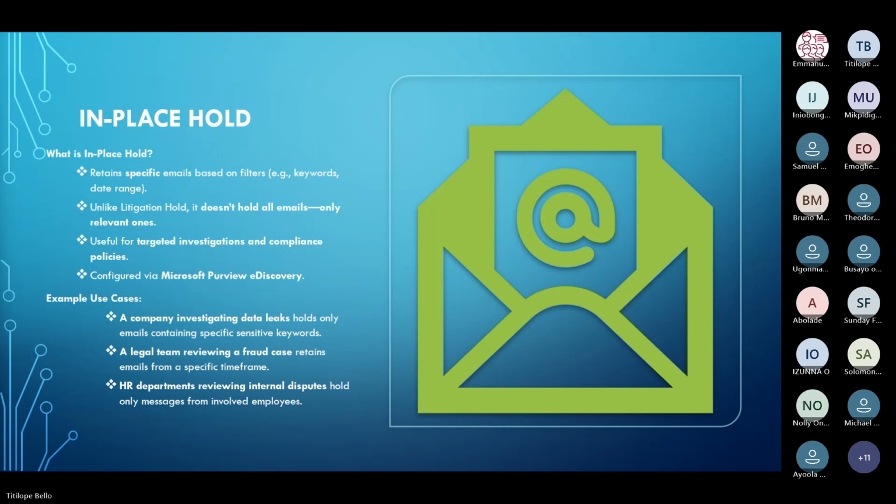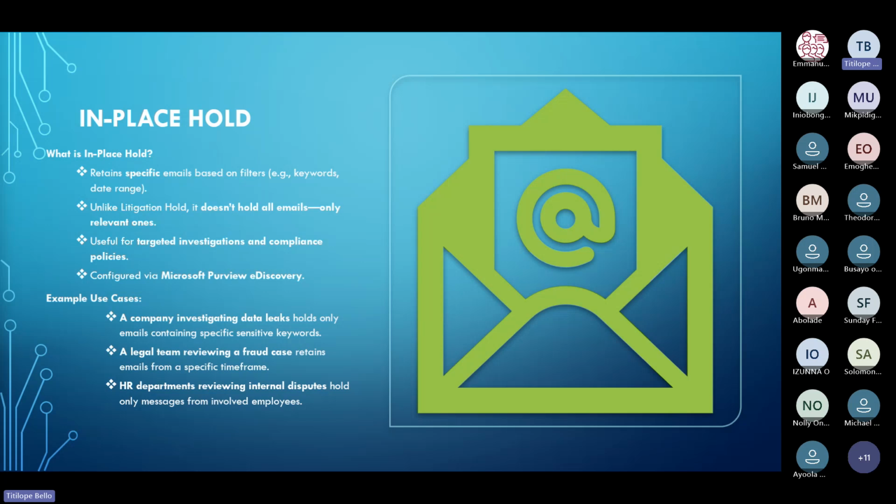Now, an example is you have an audit team. The audit team has come and they want to investigate whether any employees shared confidential data about an upcoming merger that is happening in the organization, right? This audit team is now coming to you.